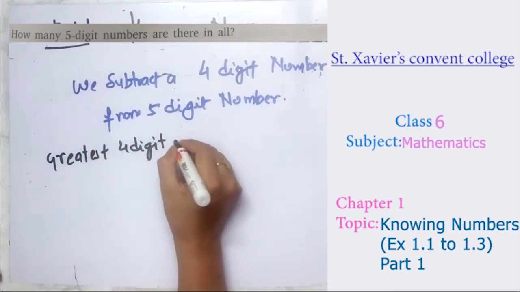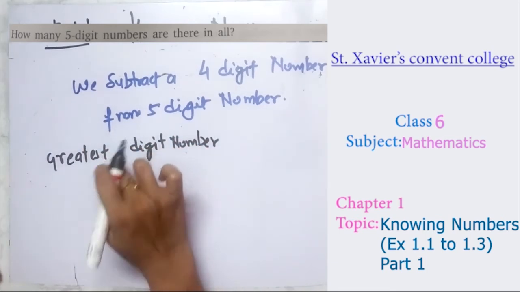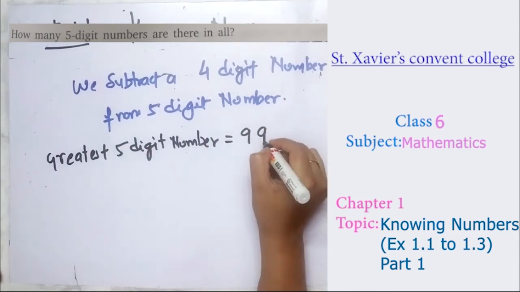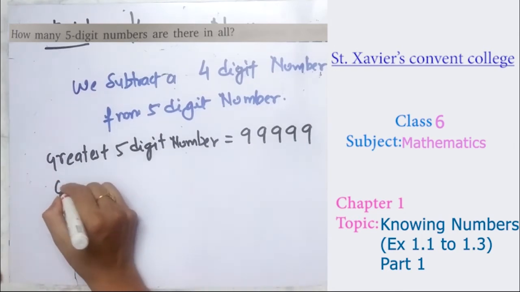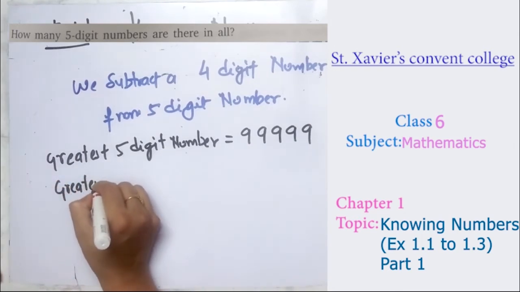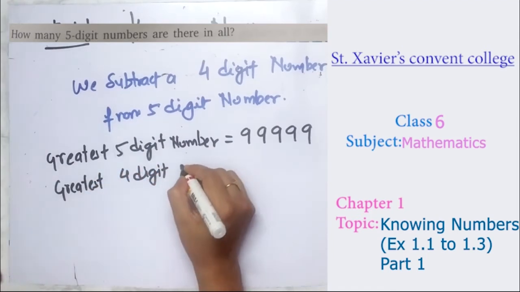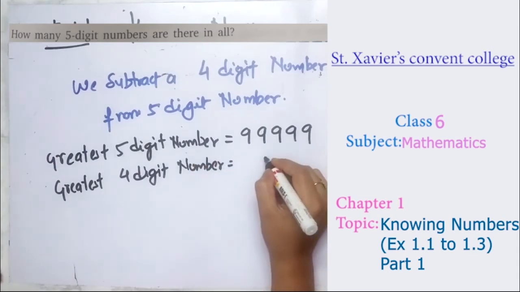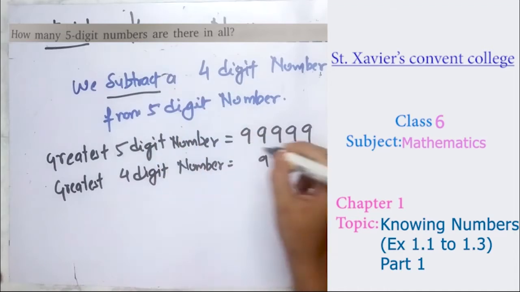First we will write the 5 digit number, that is 9, 9, 9, 9 and 9. And the greatest 4 digit number, 9, 9, 9 and 9.